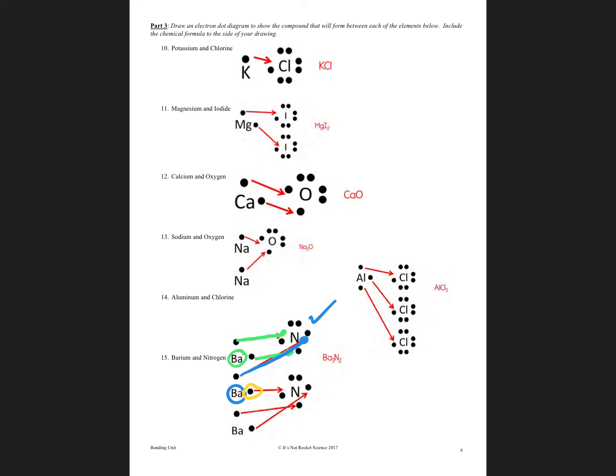We add that nitrogen and put that electron here, but now we need 2 more for nitrogen. So we can add another atom of barium, and that will fill my nitrogen and make all 5 of these atoms stable. So it's Ba3N2.